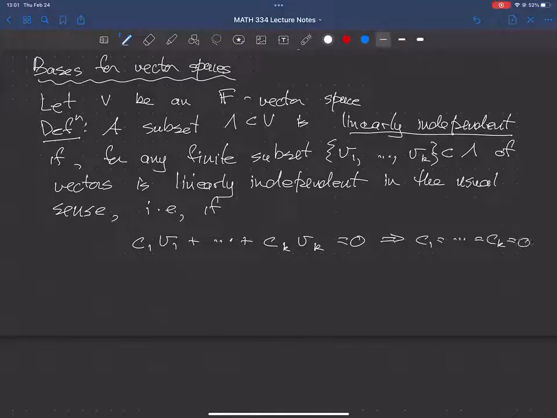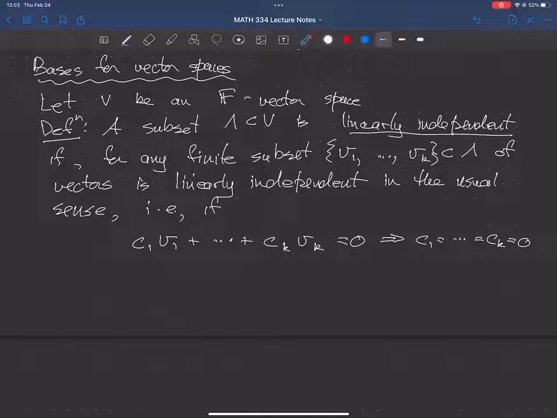Okay, and so this definition of linear independence boils down to the definition of linear independence that you know about already. The difference here is that this must hold for any finite subset. And in particular, the finite subset could have arbitrarily large, but finite, number of elements in it, right? So there's no restriction on k.